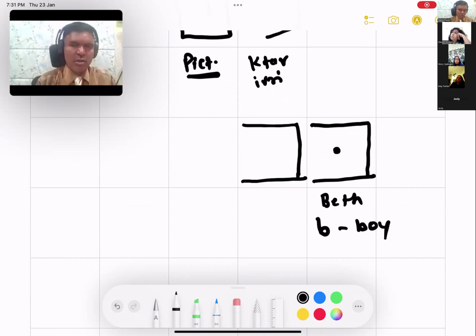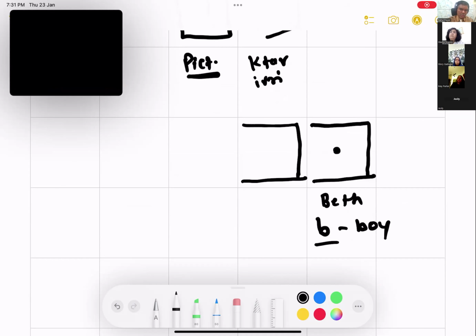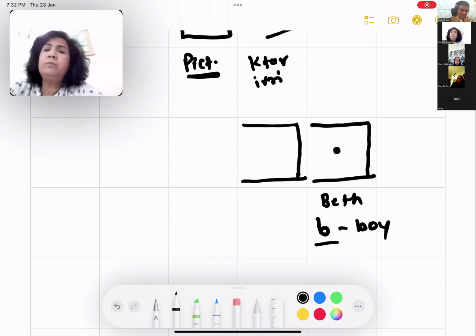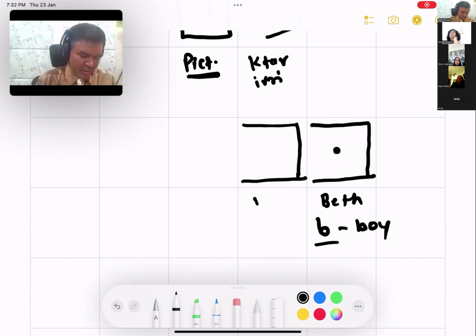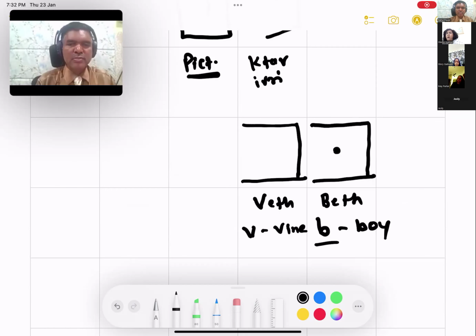But if there is no dot, then it is called Veth, B as in wine. Got it?